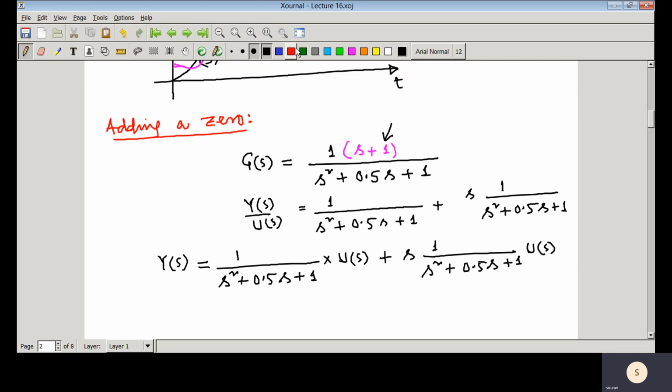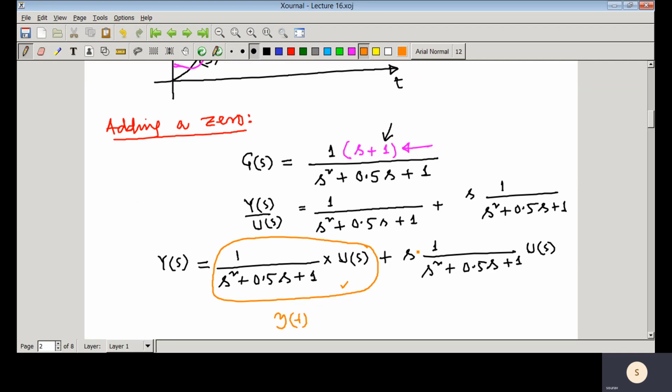Now if there is no 0, that means suppose we have not introduced that 0, then for the second order system, the response would be obtained by taking the inverse Laplace transform. With U(s) equal to 1 by s, that would be y(t).